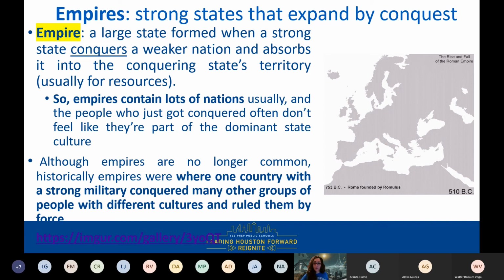Totally different governing system, does not necessarily represent just that one nation. I'm going to pause here for questions because that was a lot. Or examples. Can anyone else think of a time or a place or a situation where a nation and a state would not match up?